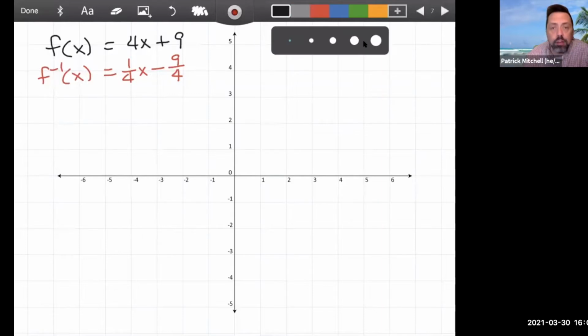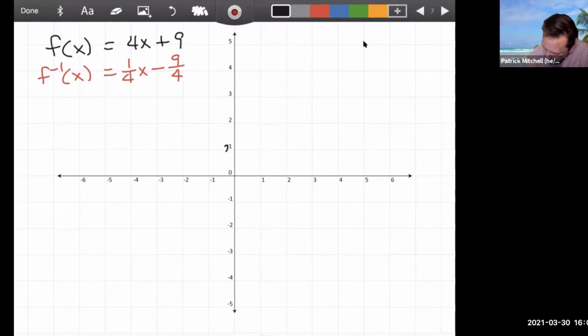Okay. First thing I notice is that I'm going to need a different scale for this. I'm going to have these go by twos. And even though I technically don't have to, there's a good reason I'm doing this. I'm going to have them also go by twos on the x-axis. Okay. So I'm going to use the slope-intercept method to graph these lines.